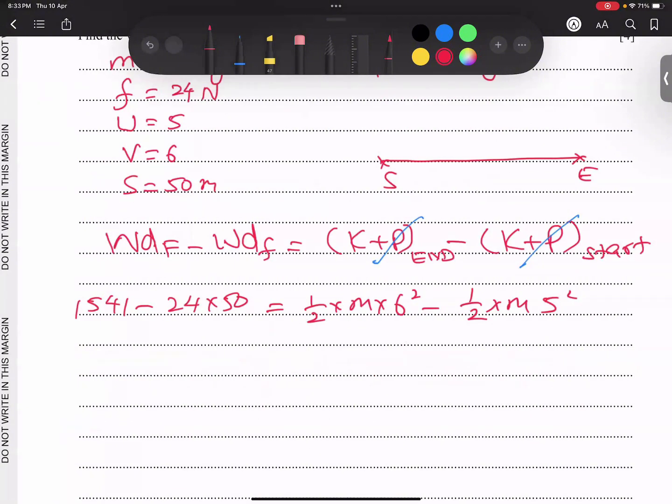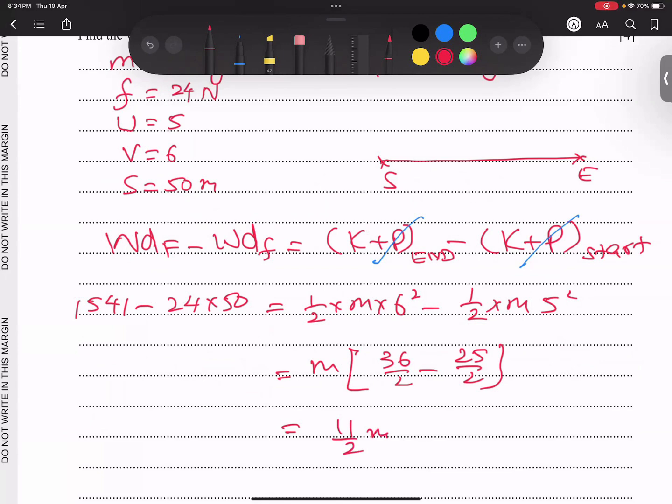So I take m common and solve these values. 36 divided by 2 gives 18. I got 36 by 2 minus 25 by 2, and I got 11 by 2 times the mass.